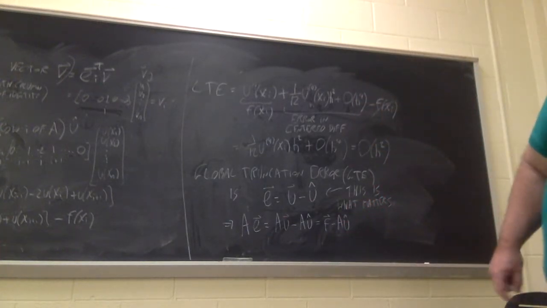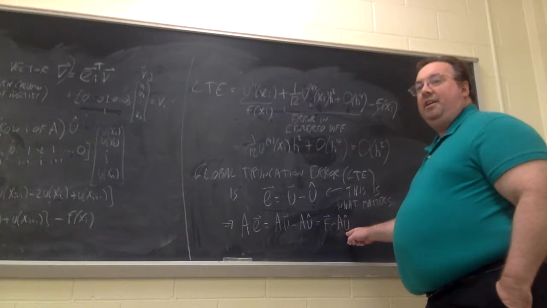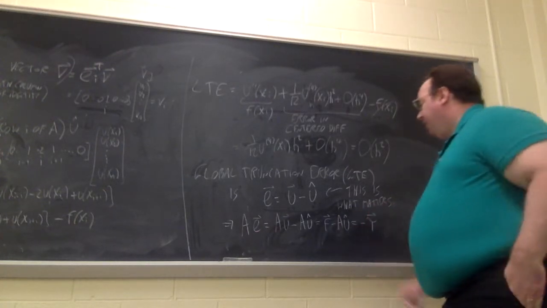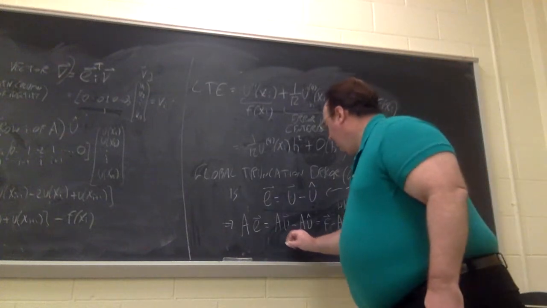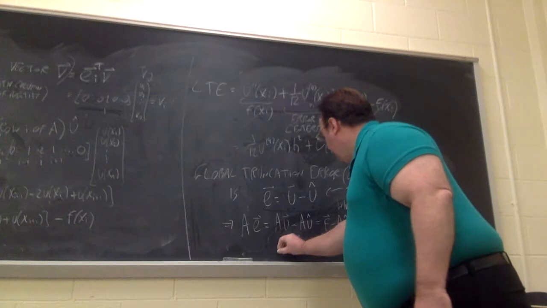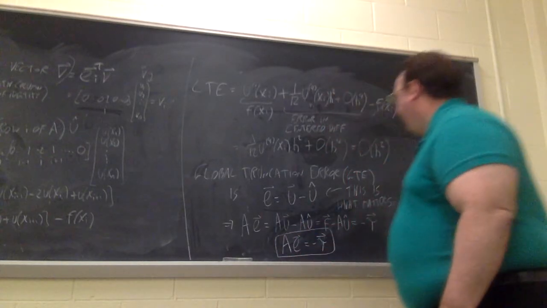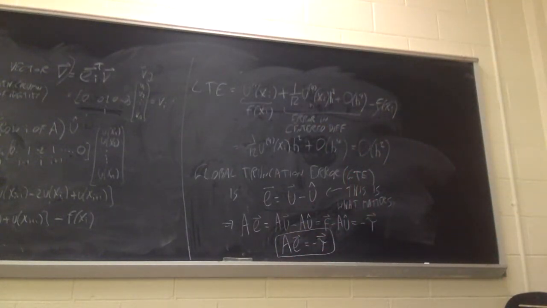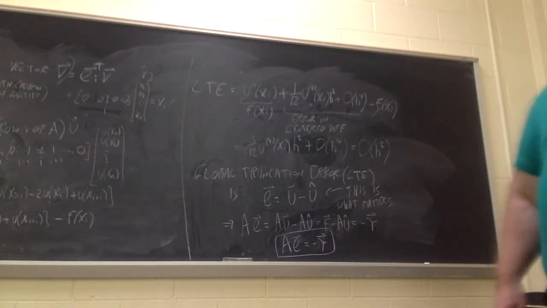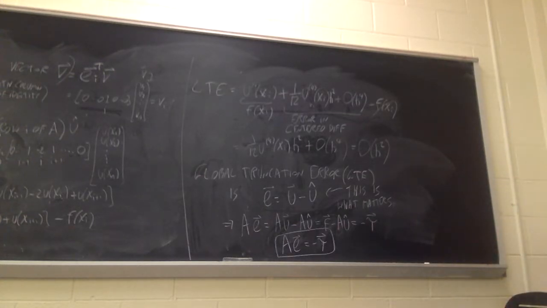So this is minus the local truncation error. So that's how the two are related. So in other words, the exact error substituted into the numerical scheme is the local error.